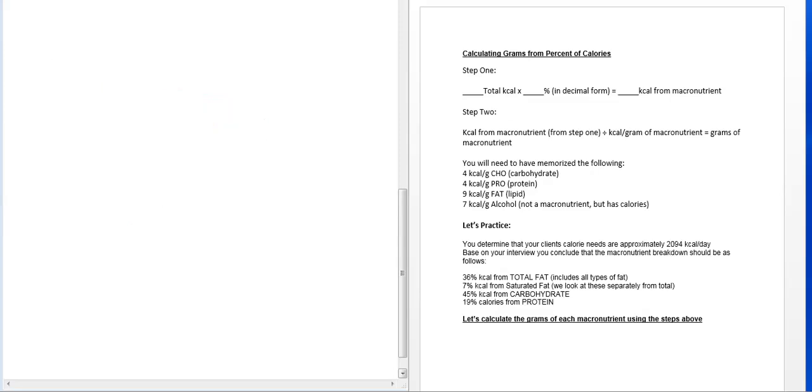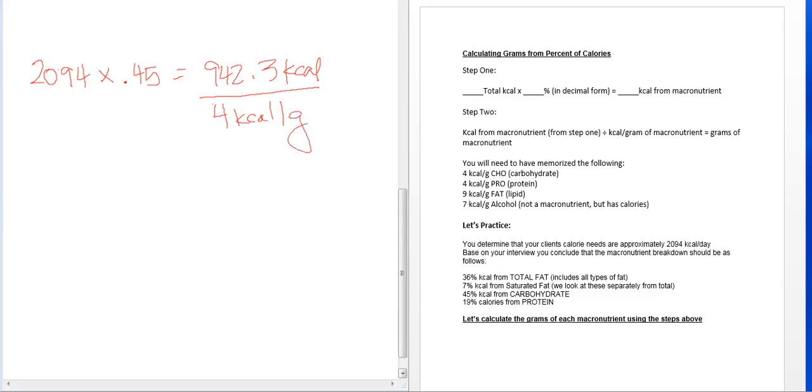Moving along to carbohydrate, which is the same, but you have to be careful about your conversion. So we need 45% carbohydrate. We're going to convert 45% into 0.45. We are going to get 942.3 calories from carbohydrate. We are going to divide by 4 calories per gram.